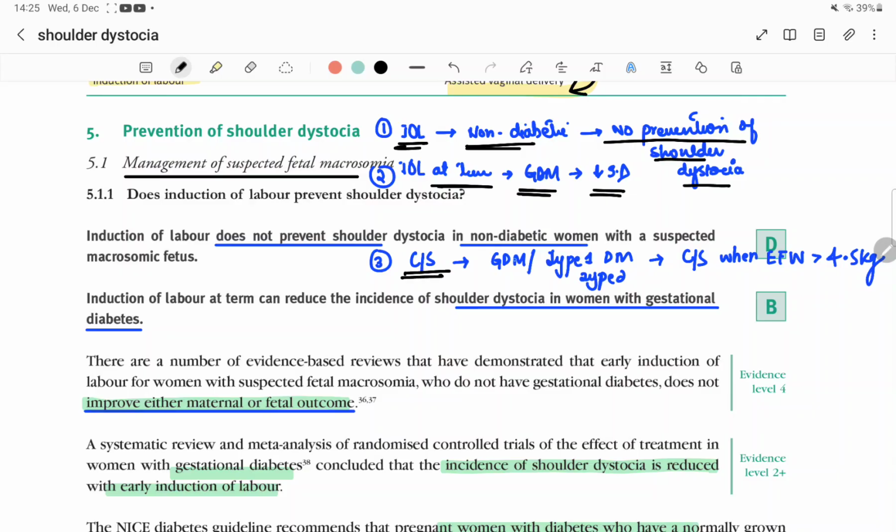Cesarean section for women with GDM or with type 1 or type 2 diabetes mellitus, you will go for cesarean section when the estimated fetal weight is more than 4.5 kg. When the estimated fetal weight is more than 5 kg, then you can go for cesarean for a normal woman as well, that is, she is not diabetic.